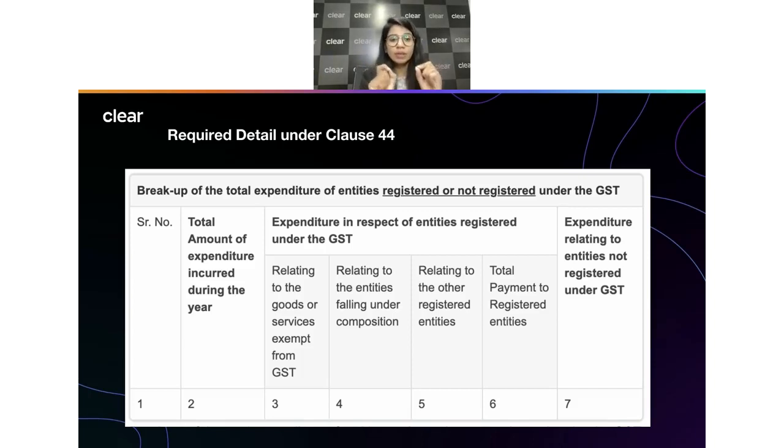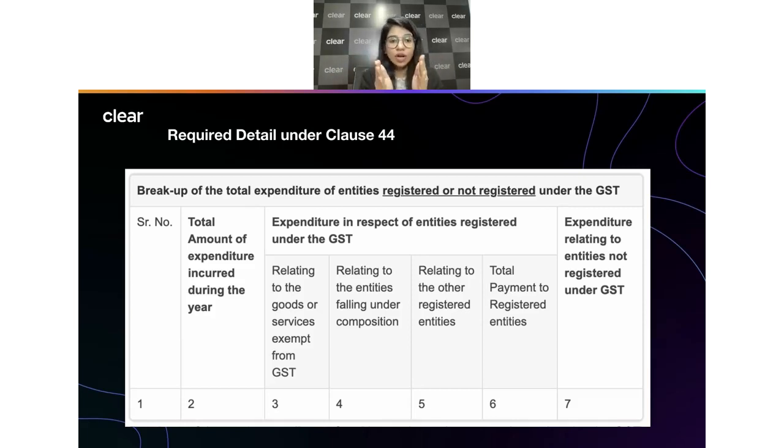The important point to understand is that when they talk about payment, it's not a payment over here. For them, it's the total expenditure to the registered entity, and it's just the sum of what you have reported in 3 plus 4 plus 5 that will form part of your 6. Even in the government utility today, they auto compute that, and it is nothing but 3 plus 4 plus 5 equal to 6.